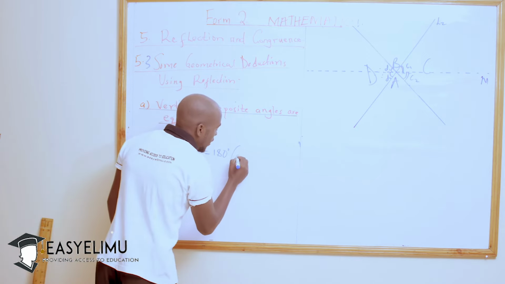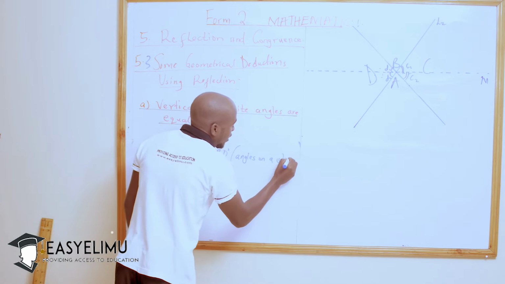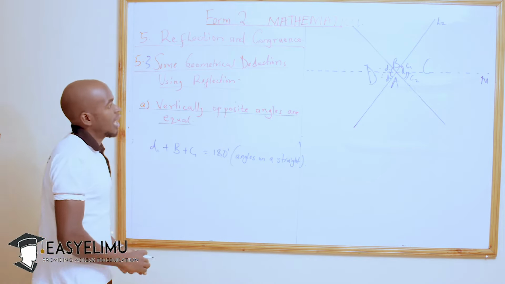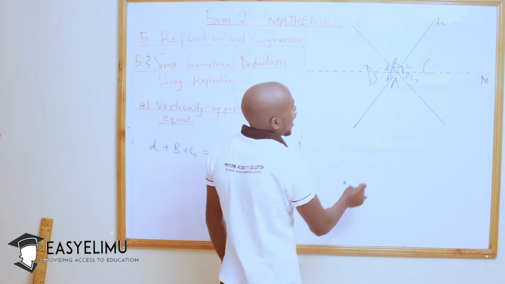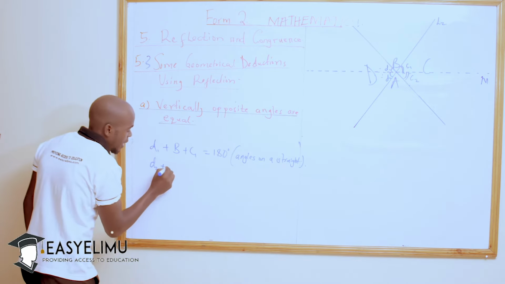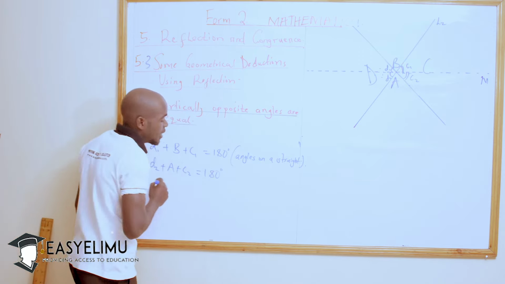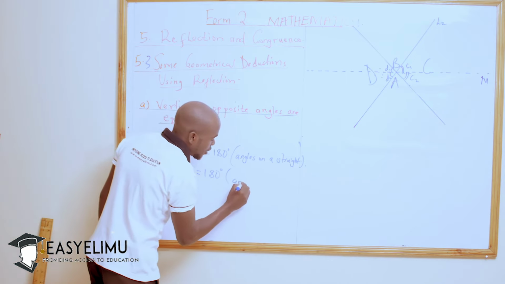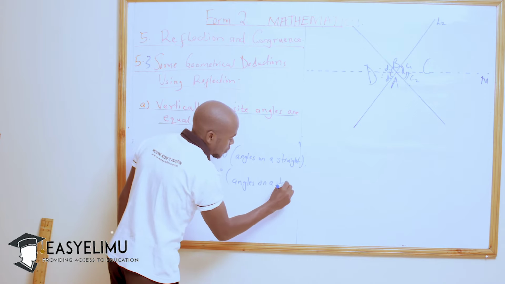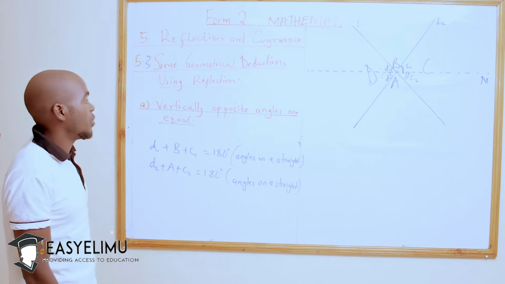The reason being, these are angles on a straight line, and they add up to 180 degrees, as we can see there. The same applies to D2 plus A plus C2. They are also 180 degrees, and the deduction is still the same: angles on a straight line add up to 180 degrees.